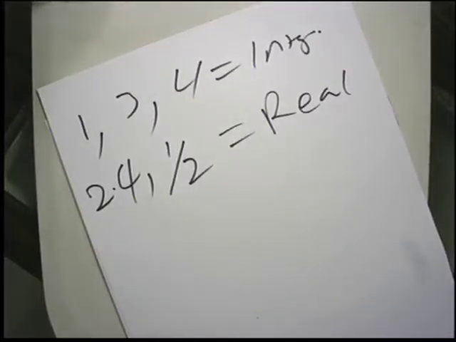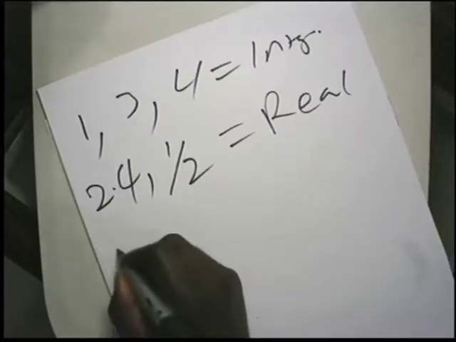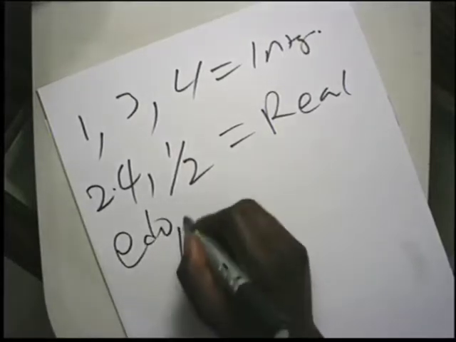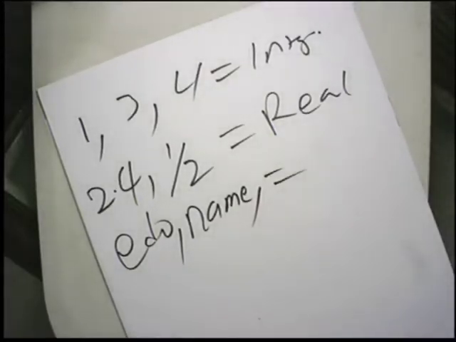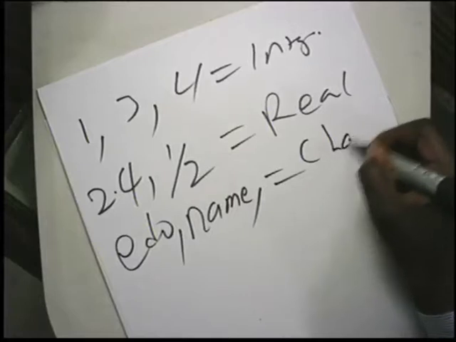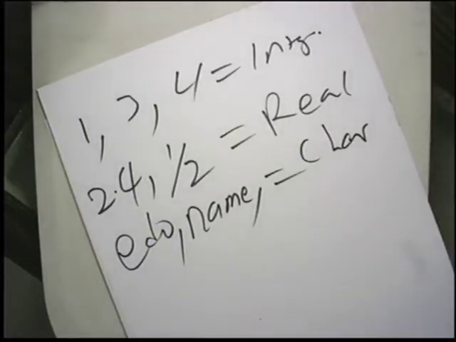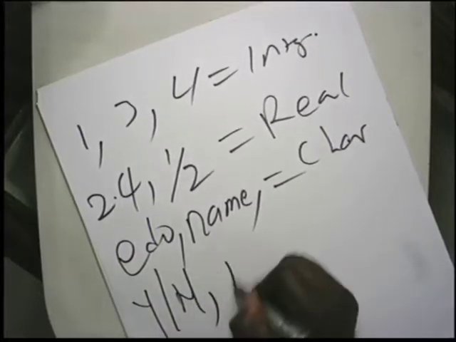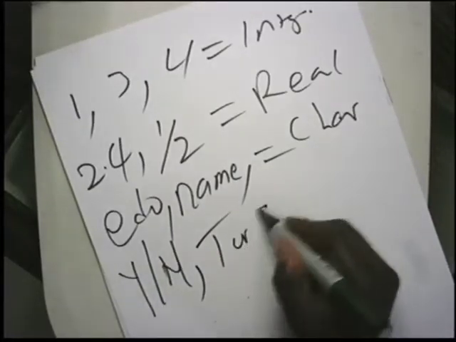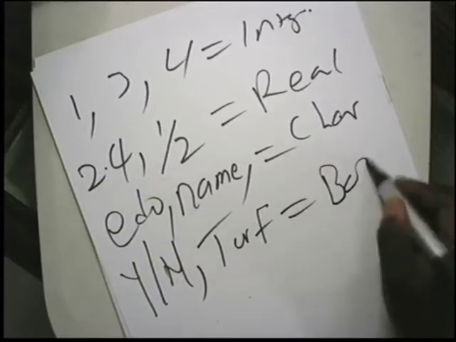They can have decimal points, they can have fractions. If I say Edo, name, these are variables, but they are character variables. And there are times where something is going to be either yes or no, true or false. Then it becomes Boolean.